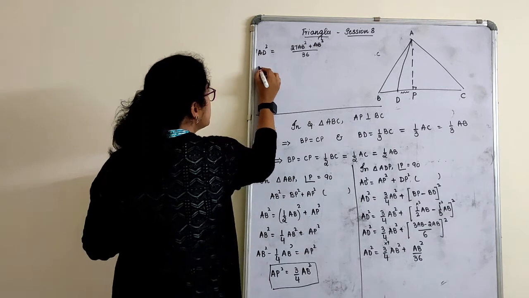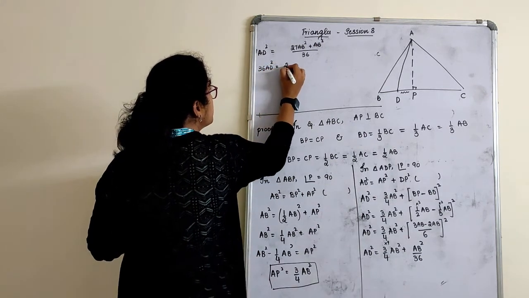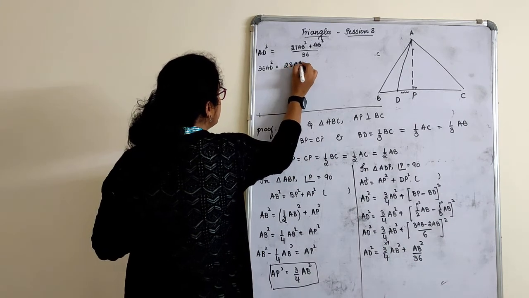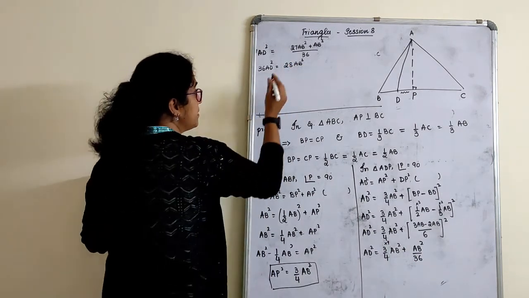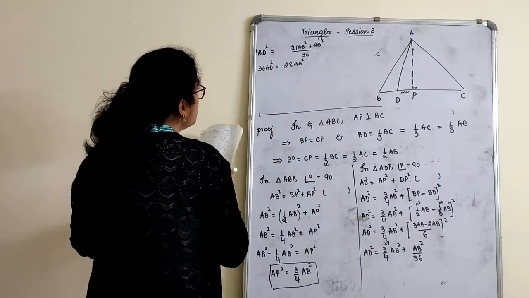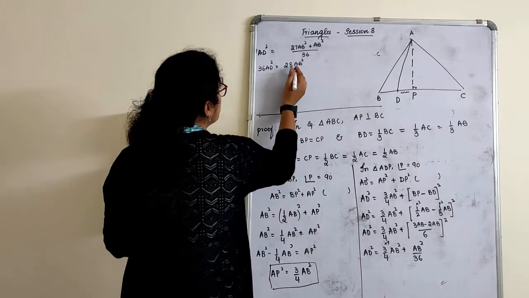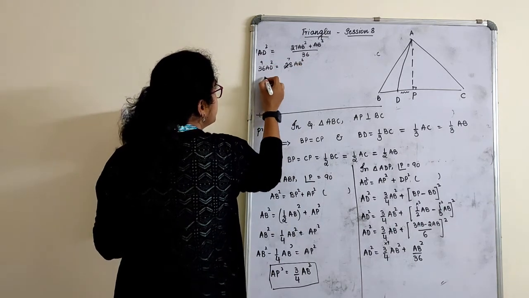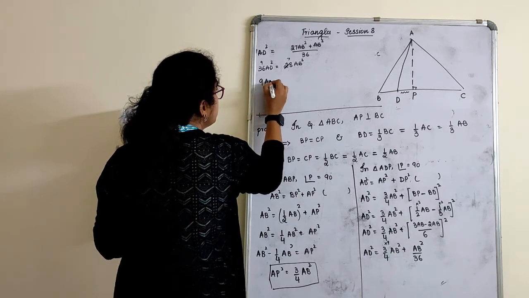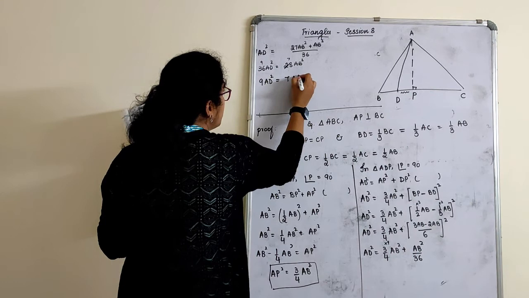Shift 36 this side. 36 AD square is equal to 28 AB square. Done. 36 and 28, they are from the same tables. So we can, what answer do we want? We want answer in terms of 9. So 4 9s are 36, 4 7s are 28. 9 times of AD square is equal to 7 times of AB square.